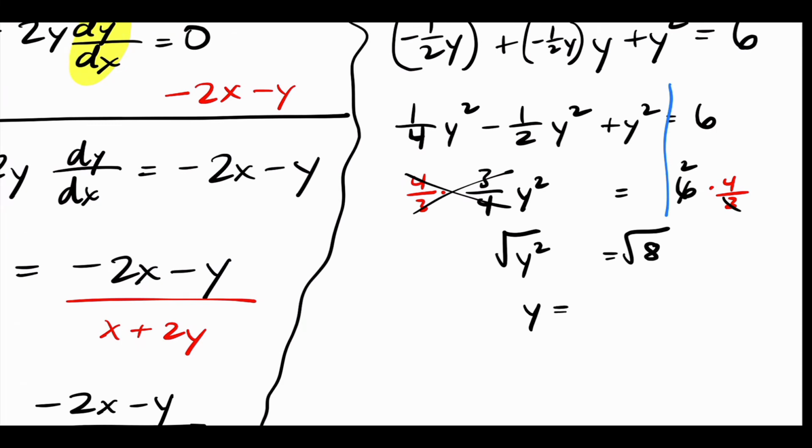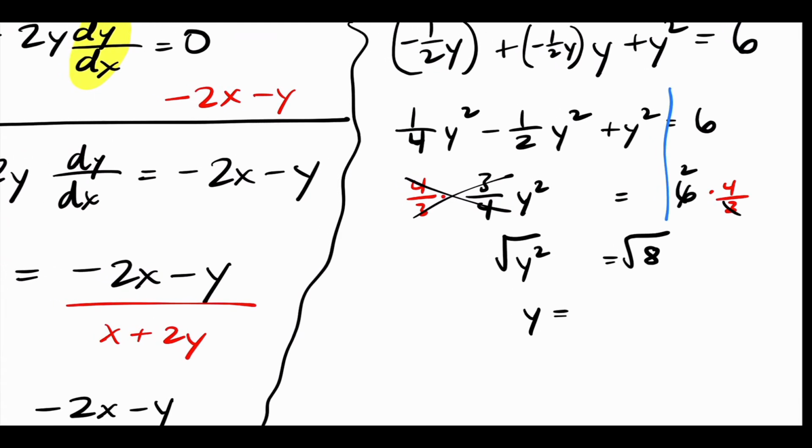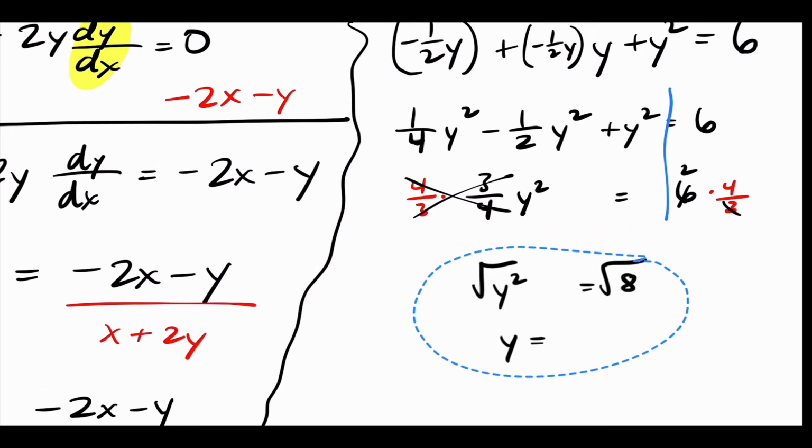You cannot use a calculator, so you can't change it to a decimal. Yeah, you have to simplify it. Something we haven't done a lot in this class, but it's one of those skills you have to be able to do.